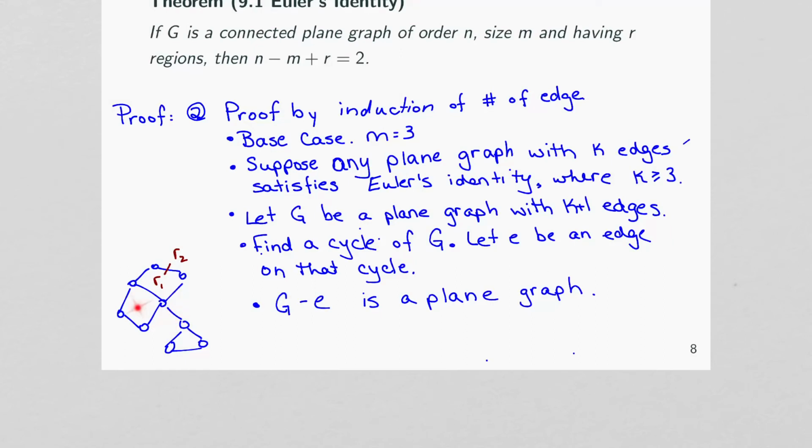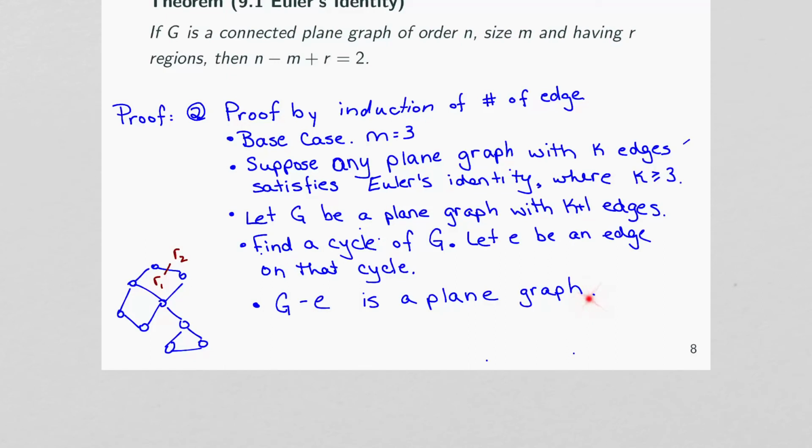But if I look at any edge on the cycle, I'm either going to have an edge that takes two interior regions, like R1 and maybe this region, and opens those up, or opens up an interior region to the exterior region. So that always happens when I choose an edge on a cycle. So this is a plane graph.